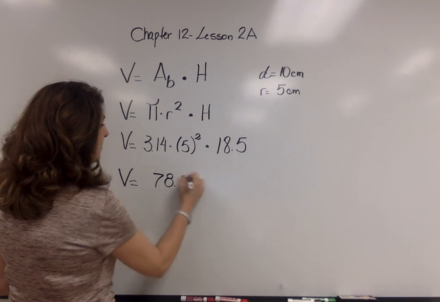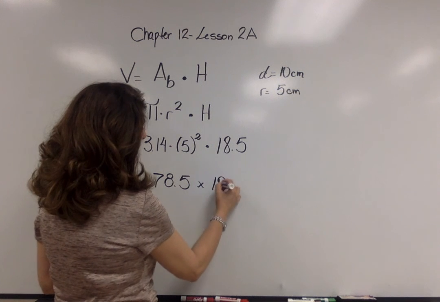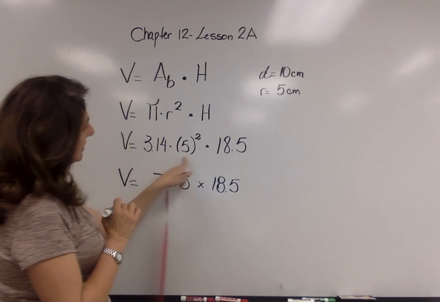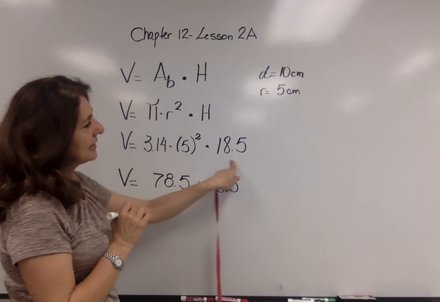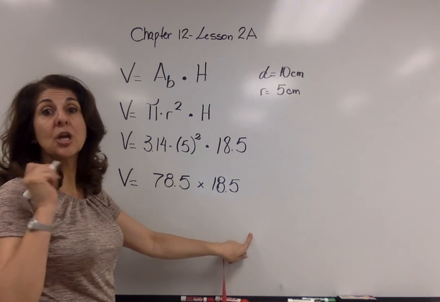78.5 times 18.5 centimeters squared, because this is the base, times centimeters. So our answer is going to be in centimeters cubed.